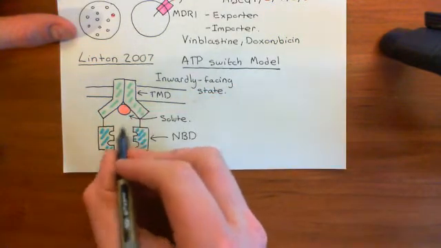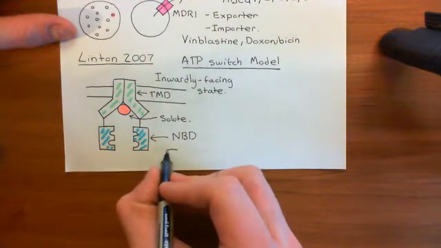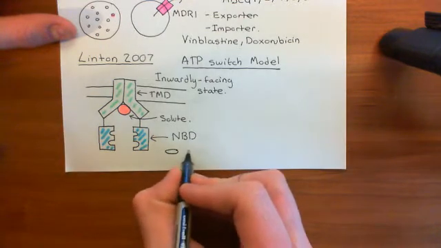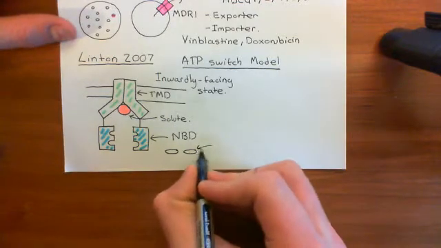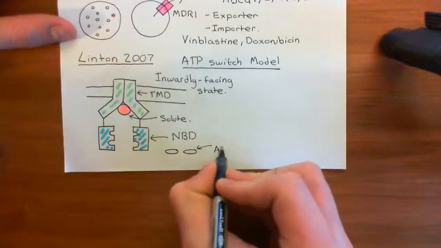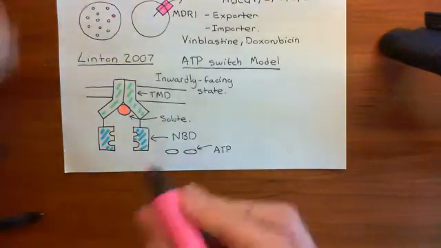And now these nucleotide binding domains will gain affinity for ATP. Now for now, I will just denote ATP as a little egg-like shape here. So these little molecules here represent ATP molecules. And we're going to need 2 ATP molecules.